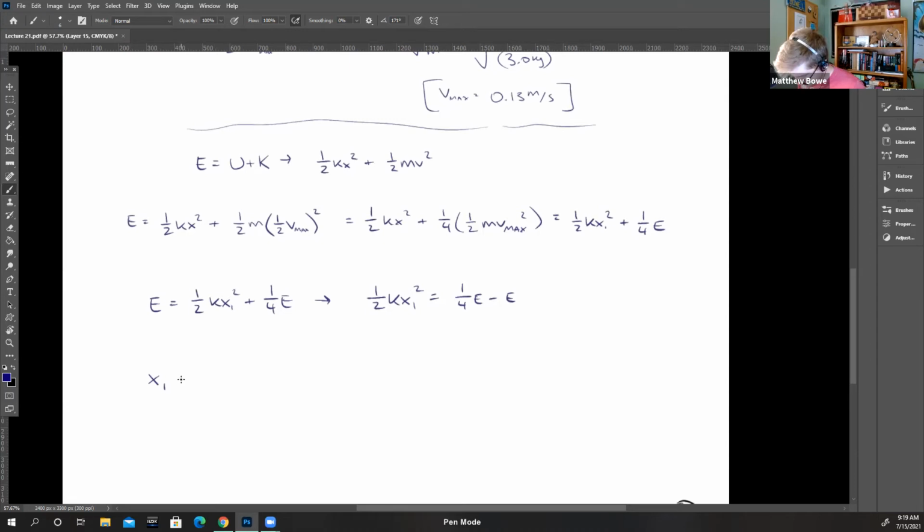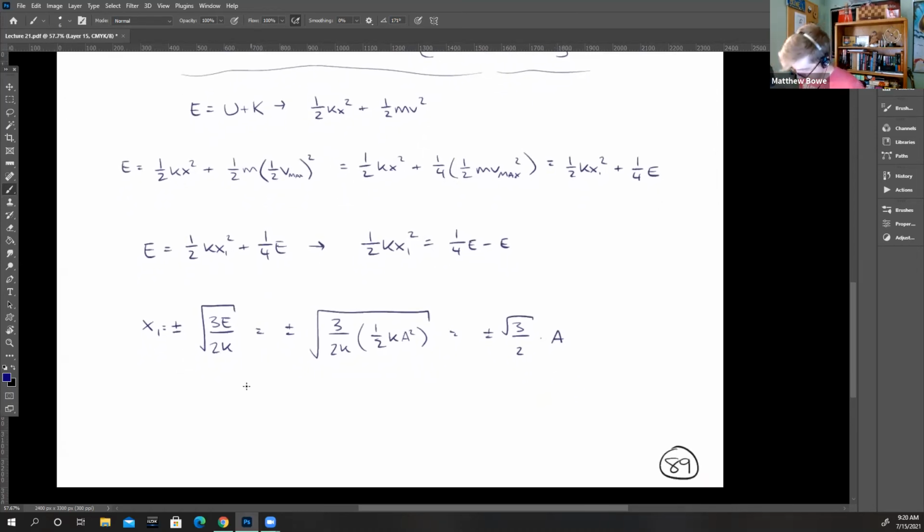Plus or minus 3E over 2k, with E being one half kA squared, times the amplitude.